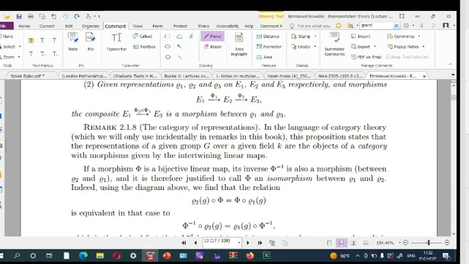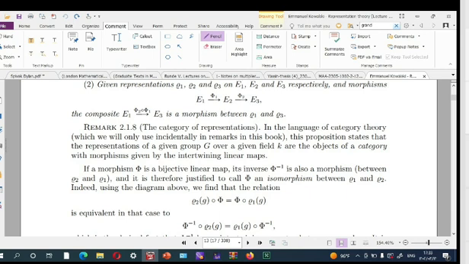Please note that phi is a morphism from rho 1 to rho 2, and its inverse is a morphism from rho 2 to rho 1, and it is therefore justified to call phi an isomorphism, not morphism, between rho 1 and rho 2.